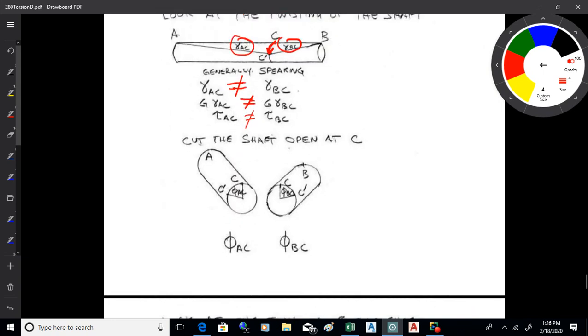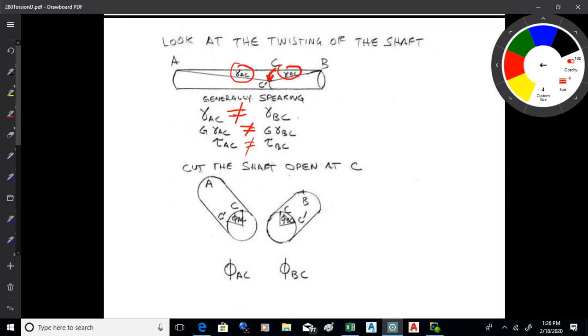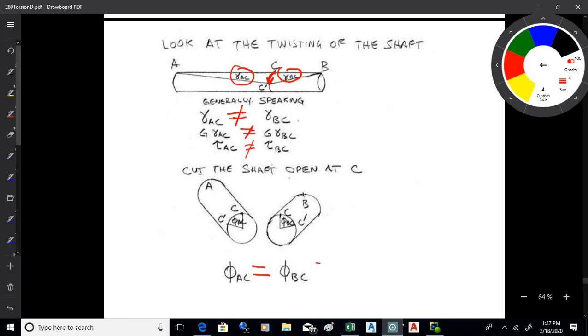Okay. However, if you calculate the angle of twist, there's one angle of twist in there, and you can calculate it from two sides. You can calculate the angle of twist from A to C, and you can also calculate it from B to C. And those angles of twist are going to be the same, okay? And what they're going to equal is TL over IG.